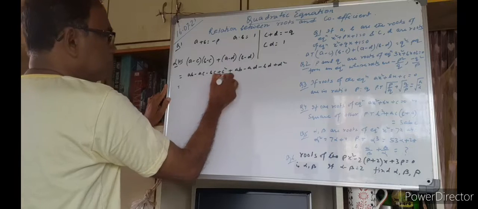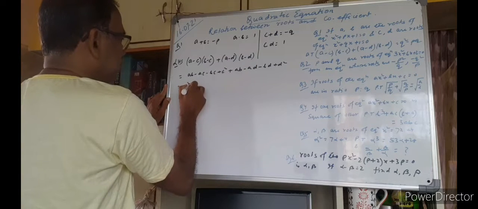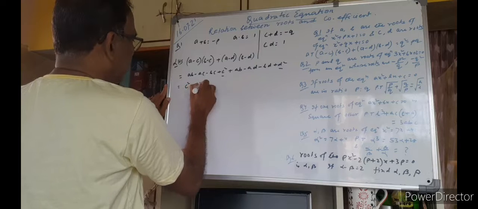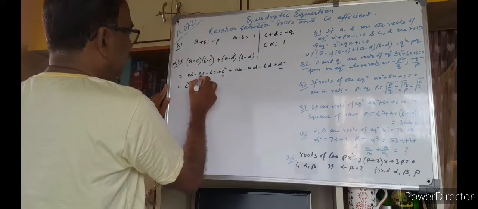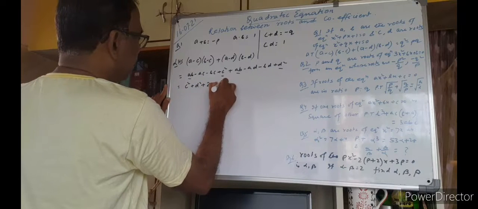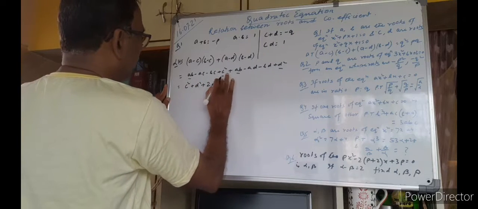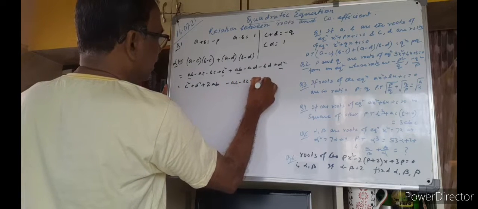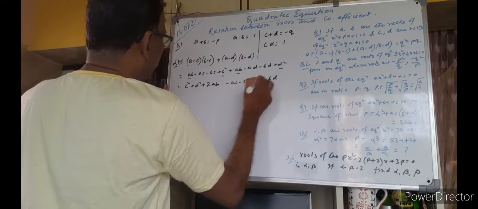Now put it together: c squared plus d squared plus 2ab, minus ac minus bc minus ad minus bd.